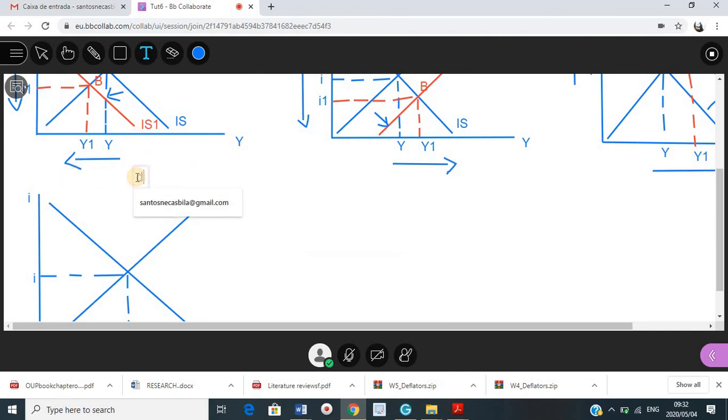So I'll say D. Restrictive monetary policy. Very good. So let's move on. Let's do monetary policy.